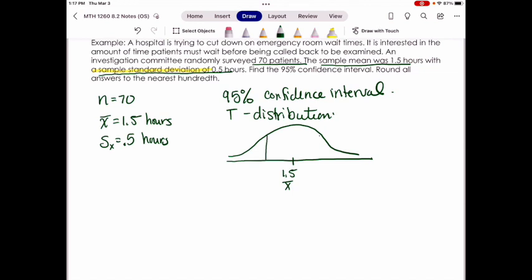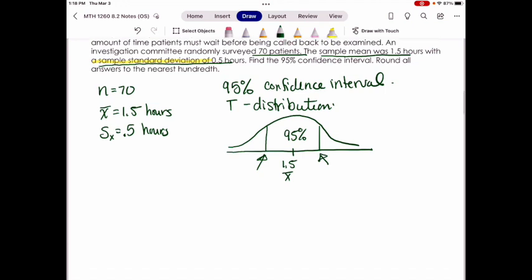We want to be 95% confident, which means 95% is going to be in this middle, and we want to find these values here. So we're going to find t-critical by working backwards. I want to find t-critical by using standardized t, which means my mean and my standard deviation are going to be 0 and 1 respectively.